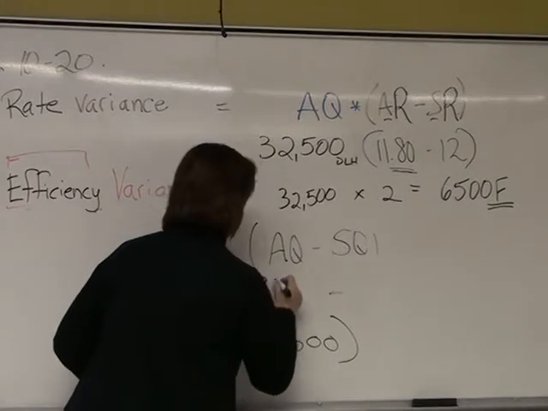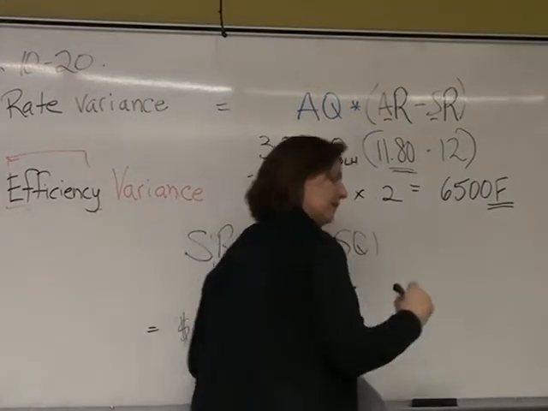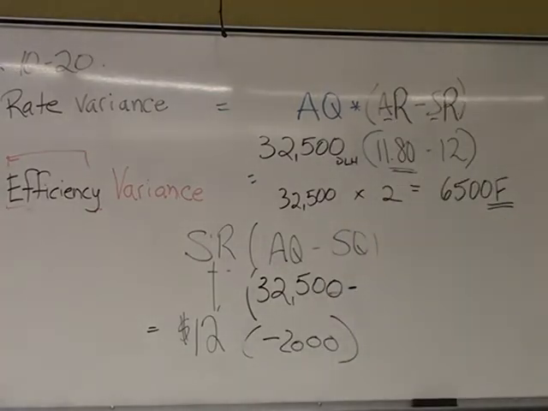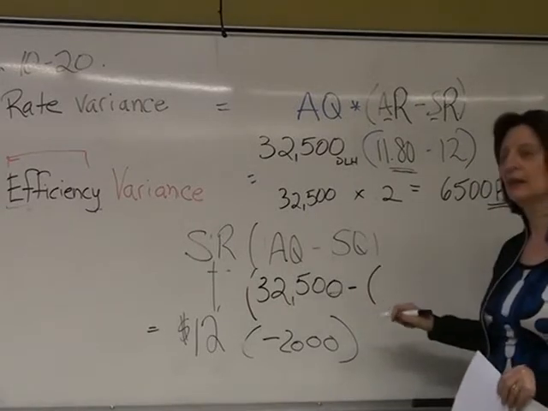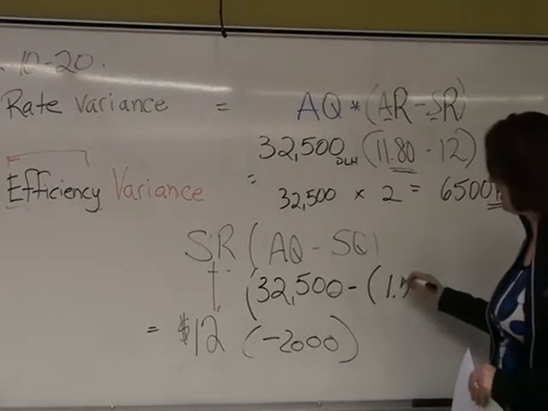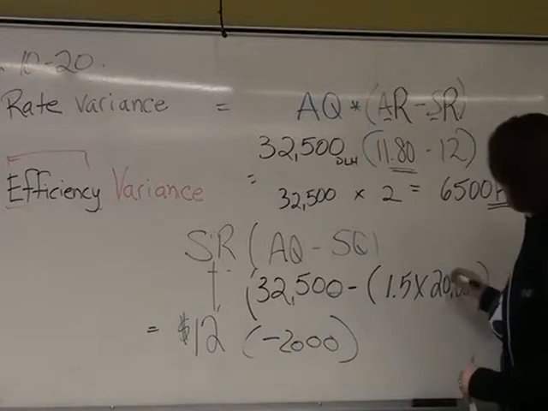So you shoot it up there, 32,500. What was the standard quantity? 30,000. And how did you get that? Do I want to see 30,000 on your exam? Chances are not good. What do I want to see? 1.5 times 20,000 units, which is 30,000.